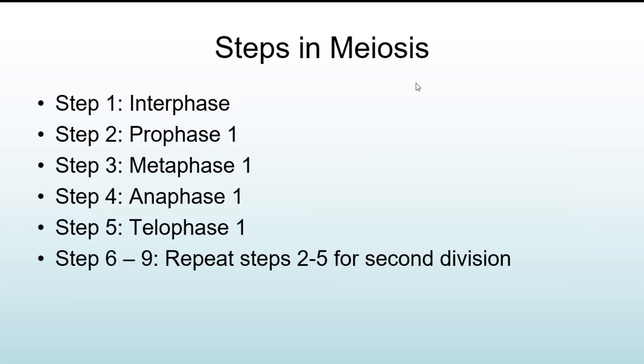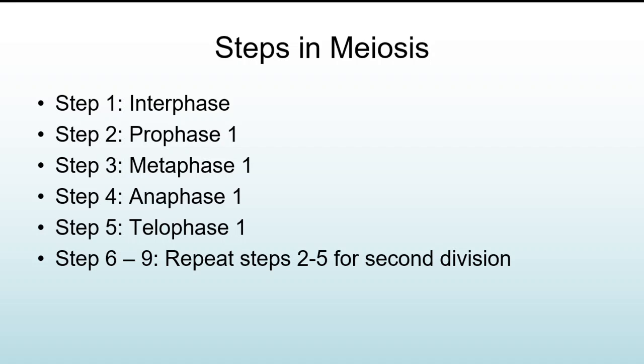Okay. So let's go through the actual steps in meiosis, okay? You're not going to be asked the names and the specific things, but moreover, the general area. But I really want to introduce you guys to the names, so when I'm saying them, you can kind of understand them. So step 1 is the interphase. Step 2 is the prophase 1.